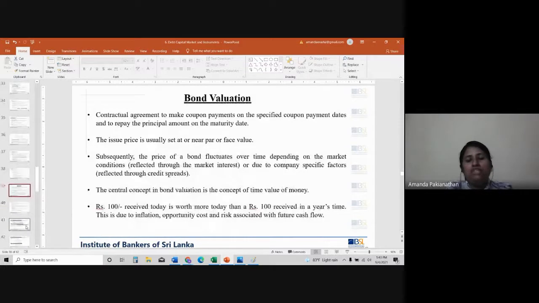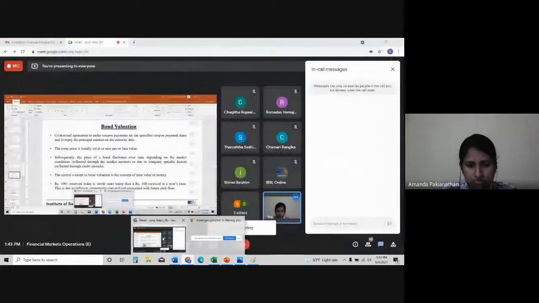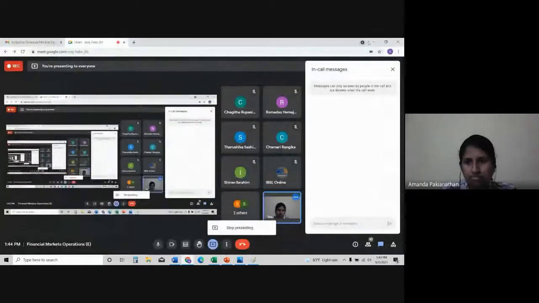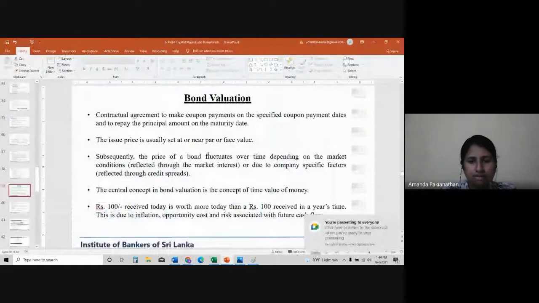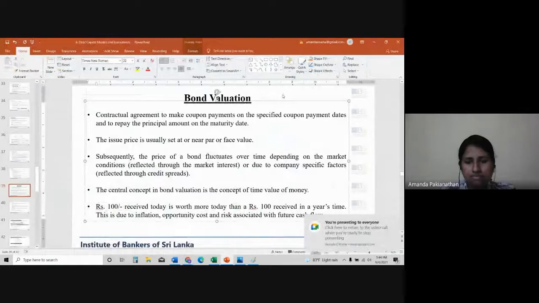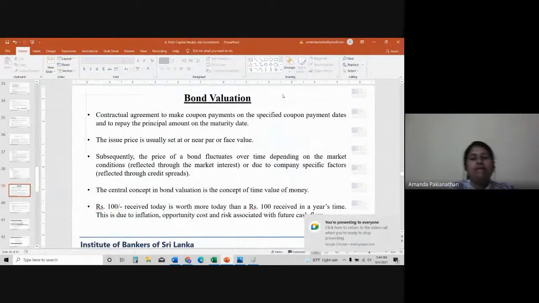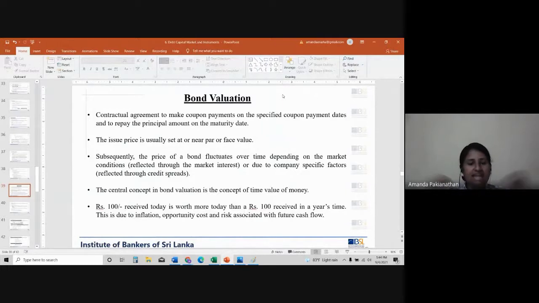Now we are moving to bond valuation. In a bond, understand the cash flows before we jump into bond valuation. What does a bond tell you?